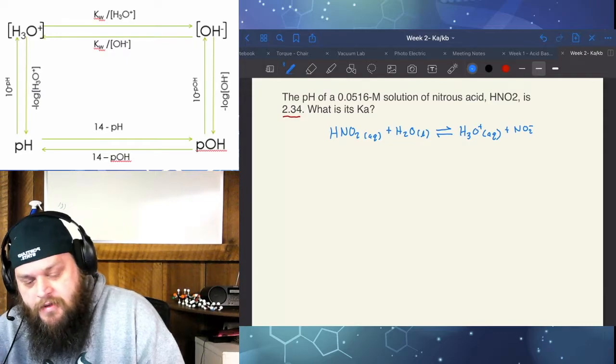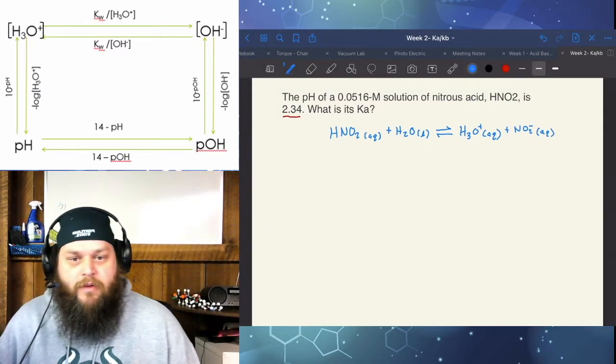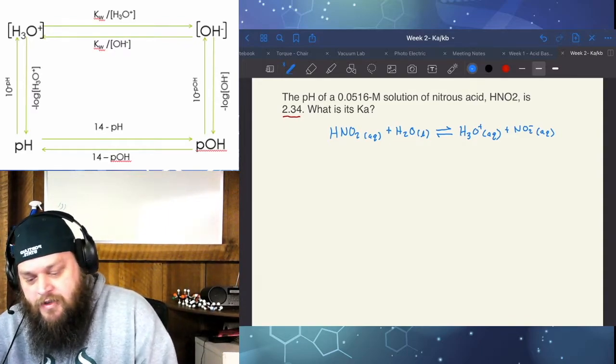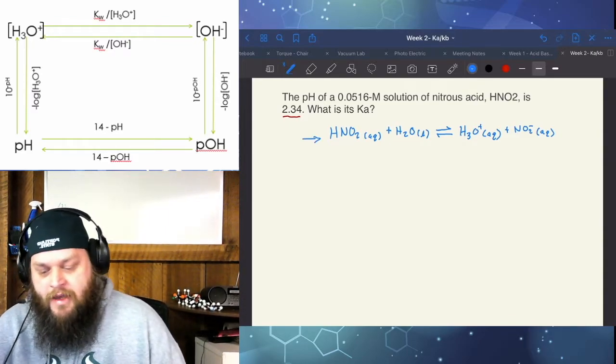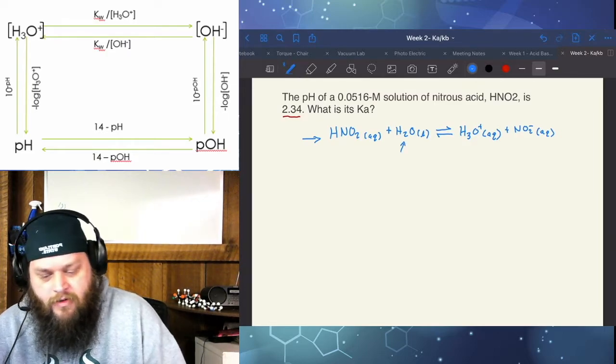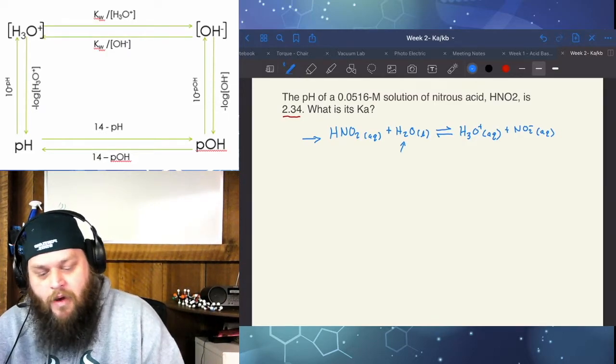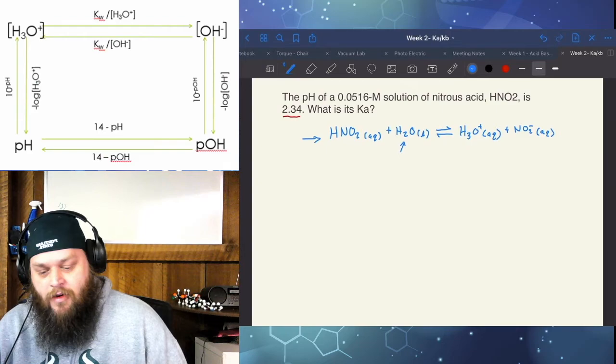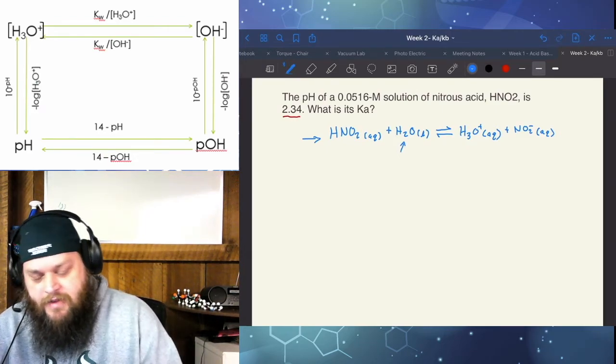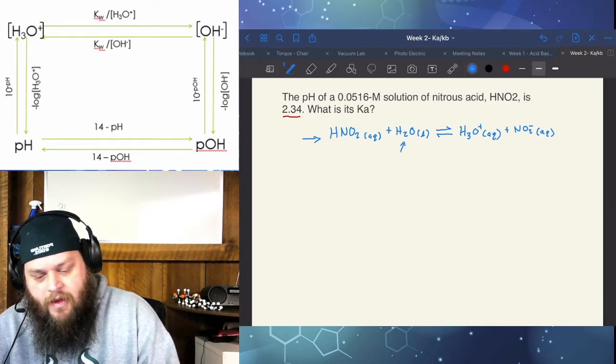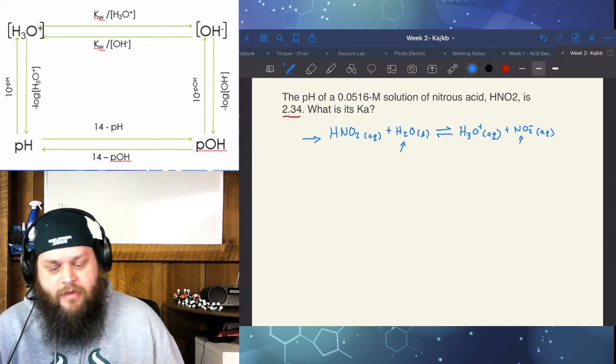Plus NO2 minus. Whenever you're writing out these balanced equilibrium equations, it's really just start with whatever acid you have, add water to it, right? And then the water is going to gain a hydrogen ion if it's an acid that you have to begin with, and the acid loses it to become its conjugate base.